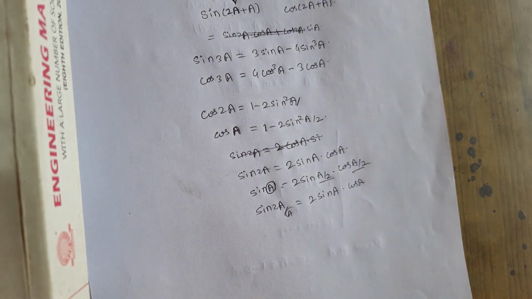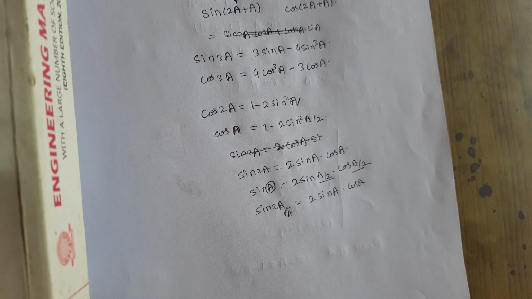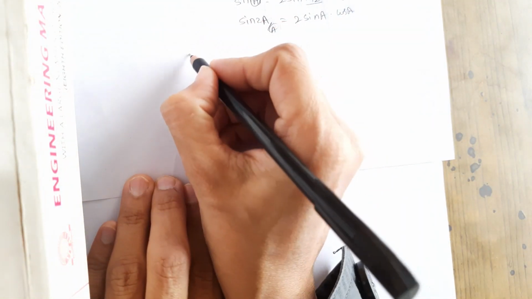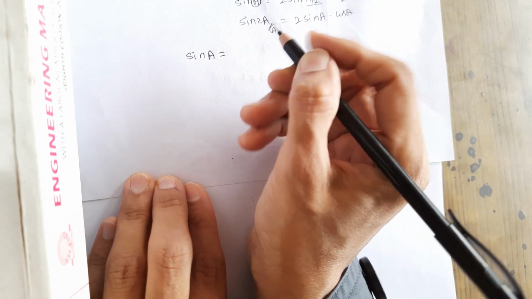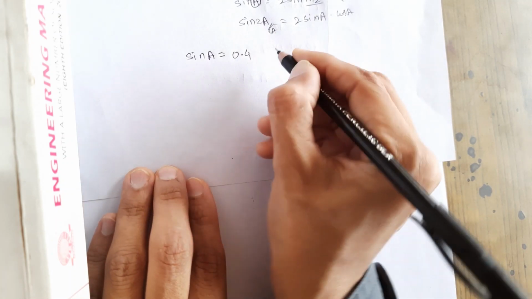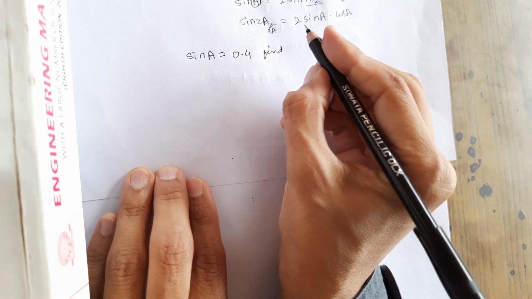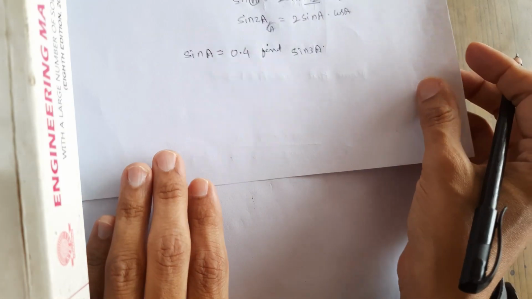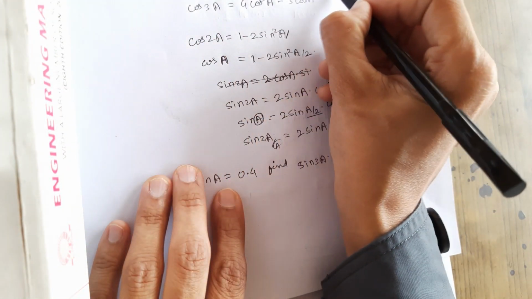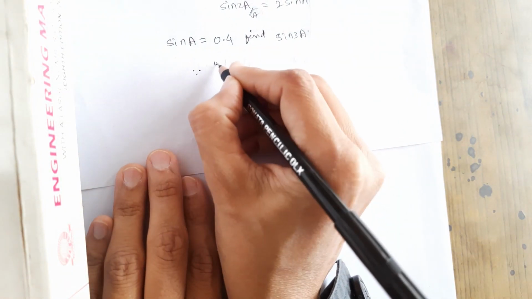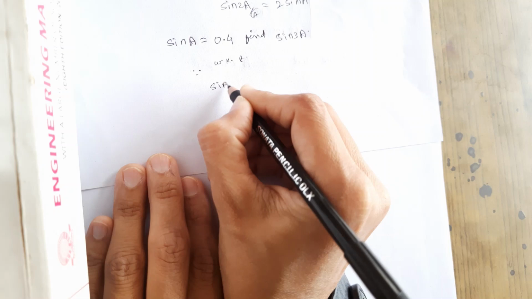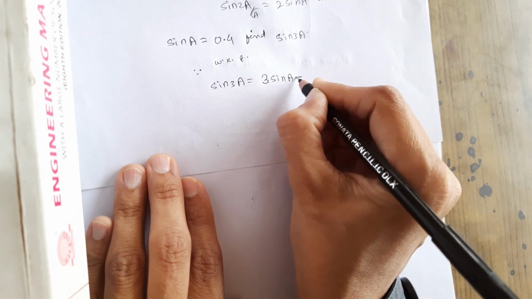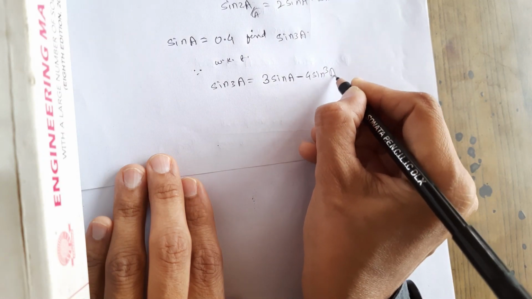Now let's solve some examples using these formulas. Suppose sin a equals 0.4, find sin 3a. Just use the formula that we wrote: sin 3a equals 3 sin a minus 4 sin cube a.